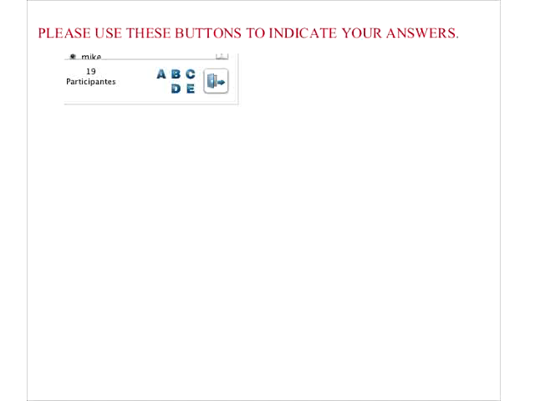When you indicate the answer, I'll be able to see it. Other students will not be able to see it. Please click your answer exactly one time, because if you click twice, or if you click any other even number of times, then the second click will erase your answer.